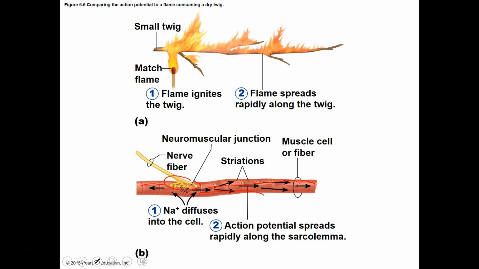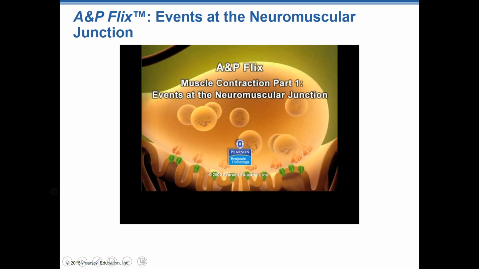So it's going down the membrane on the top, and as it's going along, it's actually going inside too when it's going along on down this membrane. But it's traveling the length of the membrane and then getting inside too, causing a reaction to happen inside of that muscle cell. Okay? This video is pretty good, and it's not real long. So let's just take a peek at it.